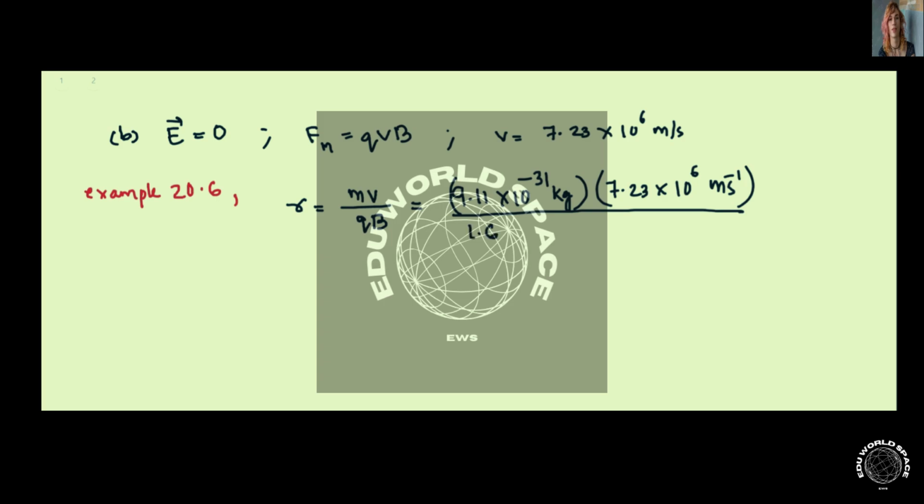Charge on a single electron is 1.6 times 10 to the power minus 19 coulomb, and the magnetic field is 2.6 times 10 to the power minus 3 Tesla.